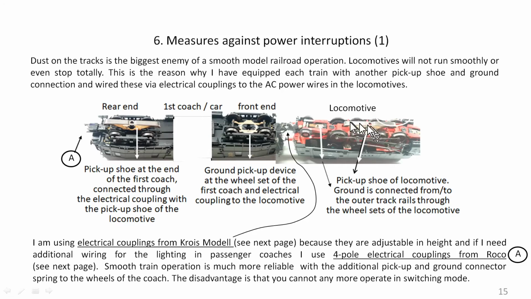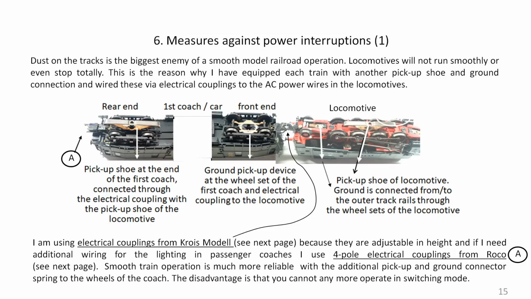through this one. So if a locomotive comes on some dust, most likely some centimeters later there is no dust and there is still power supply and smooth digital commands through this unit. And when it moves on and the dust reaches this pickup shoe, the locomotive will already have a cleaner piece of track underneath itself.